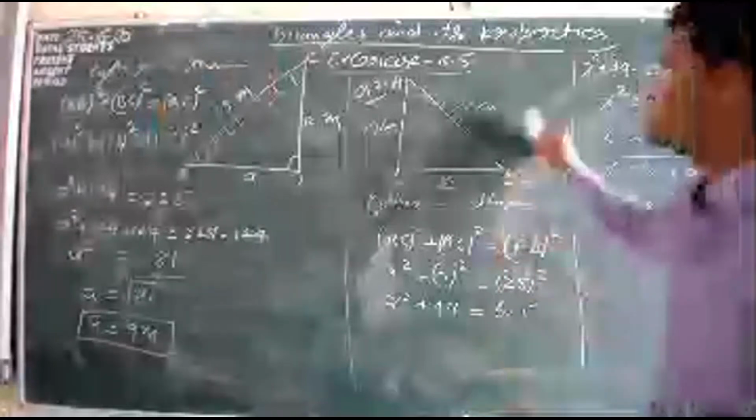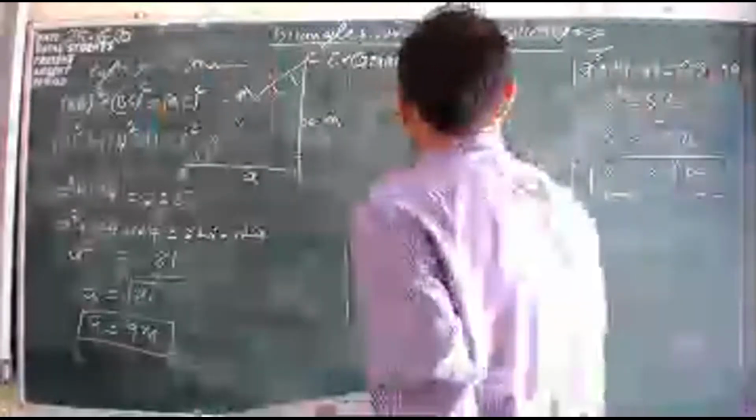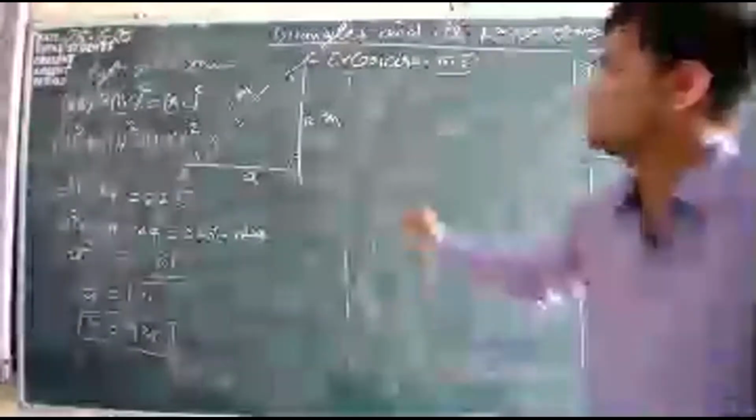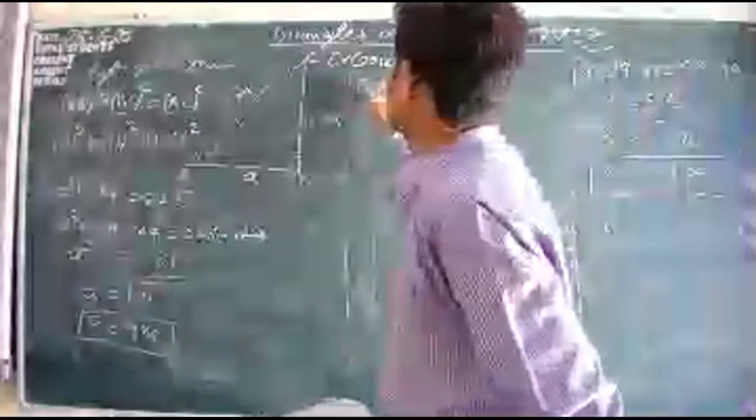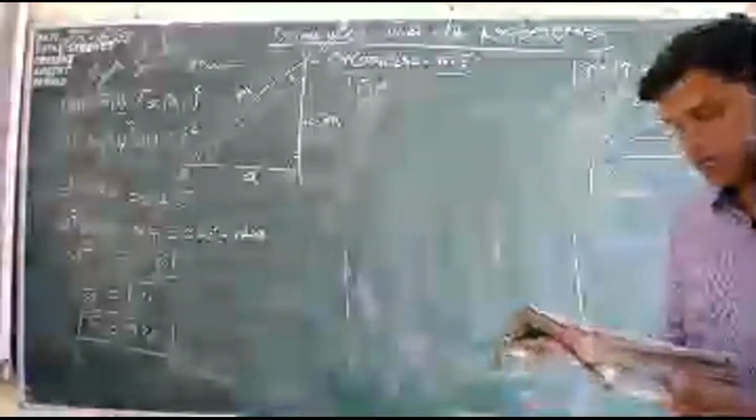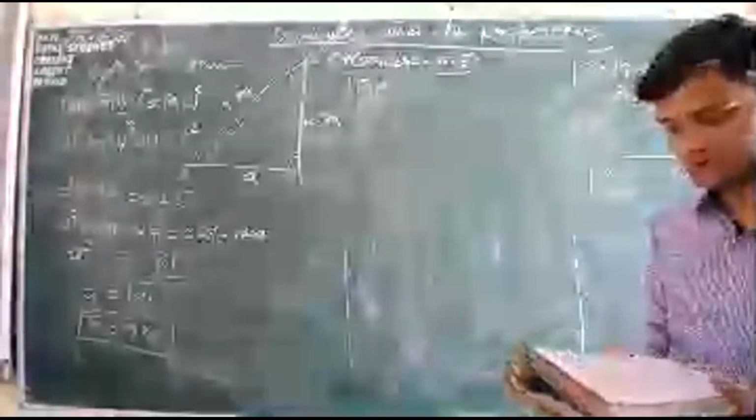Now the solution of question number 4. That is very simple. Which of the following can be the sides of a right angle triangle?